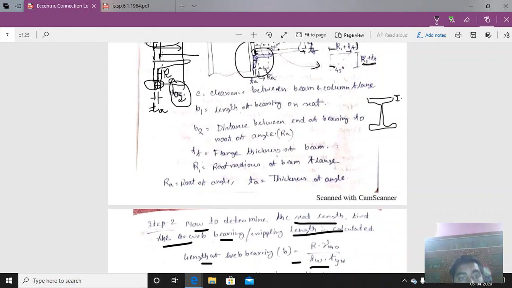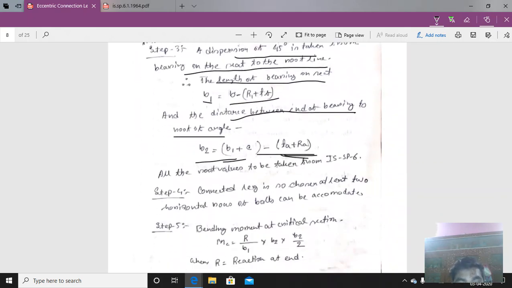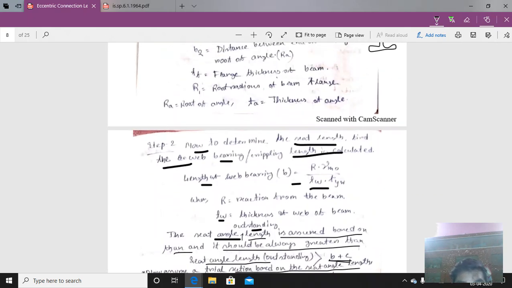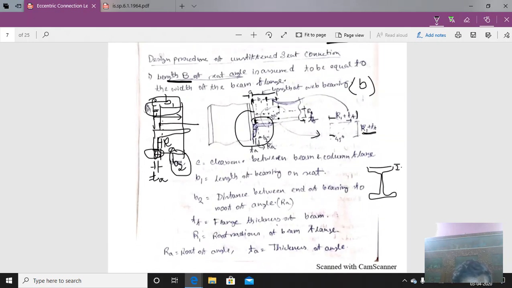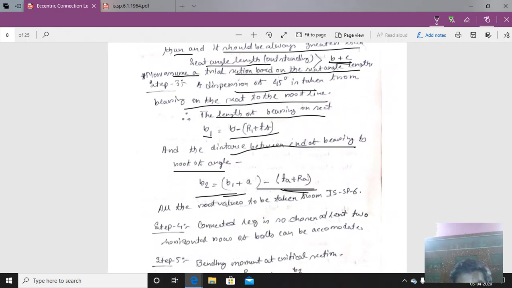So from here we can find out B2, that is the distance between the end bearing and the root of the angle, by that formula. So add all the root values of the angle taken from SP6 that I have discussed here.